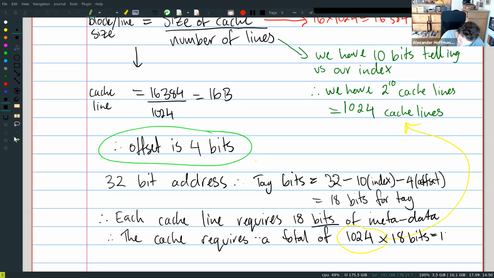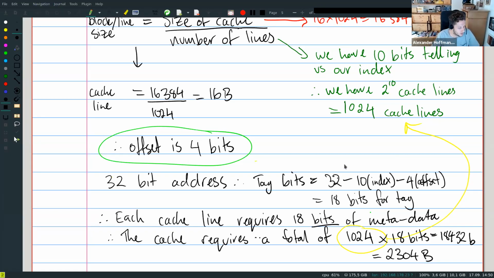So we need 18,432 bits. This equals 2,304 bytes.